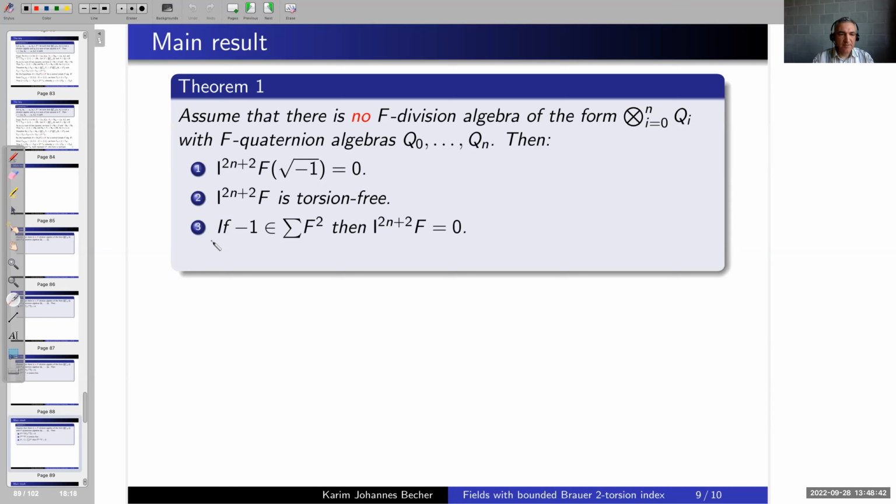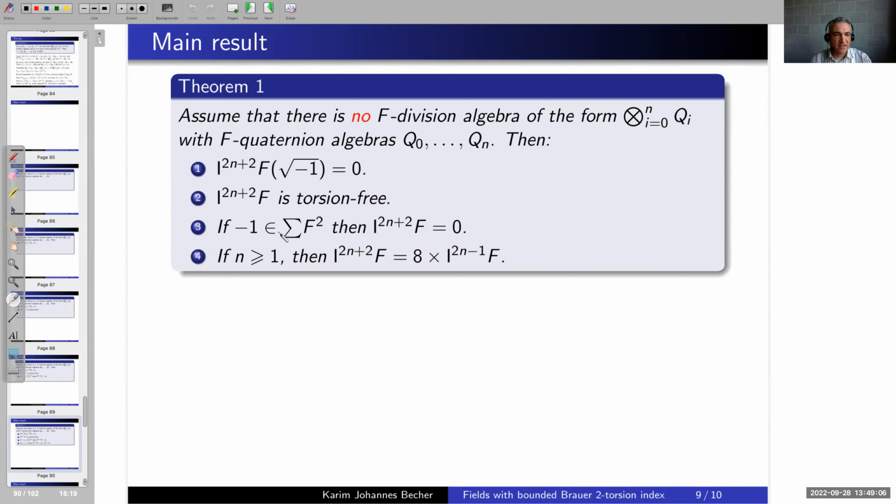Okay, I will say something to these 3 bullet points, but let me first state a fourth one here, namely that you can say even more. This is of course uninteresting if we have a non-real field, because item 3 already tells that this is 0. We don't need to know more.